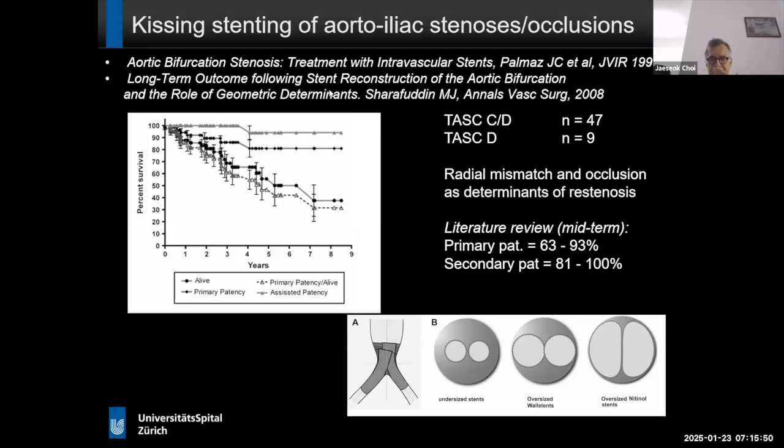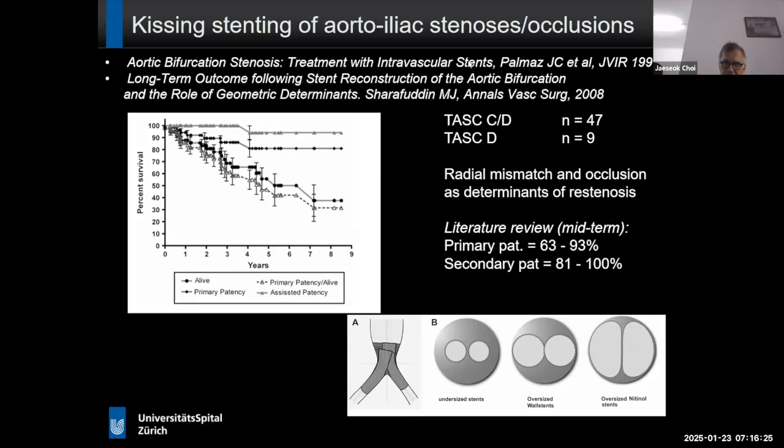The study actually was done to look at determinants in terms of the geometry of the stent, whether that might cause those stenoses. And actually they found that, for example, if the stents were undersized, if they're not really abutting the wall of the aorta, they had a high rate of stenosis. On the other hand, if the patient was like type D, those 9 patients, that was also putting them at risk of having occlusions.